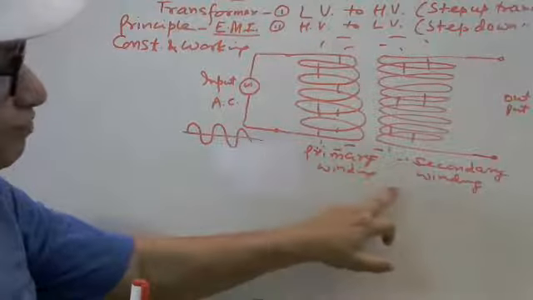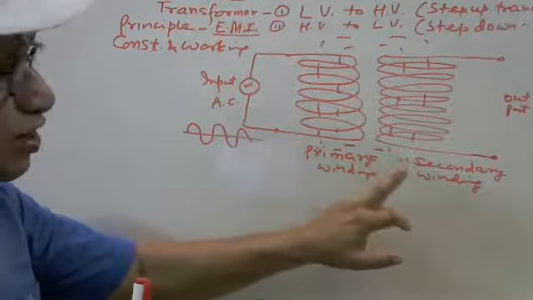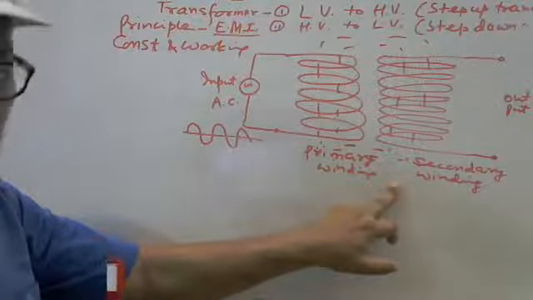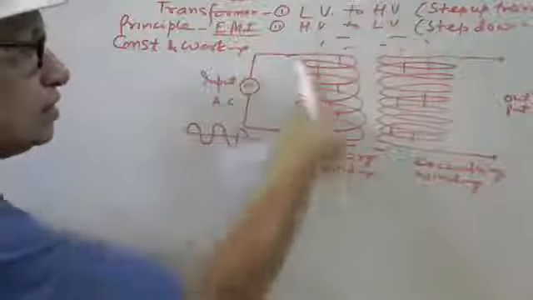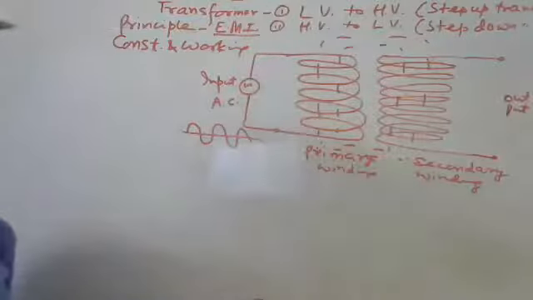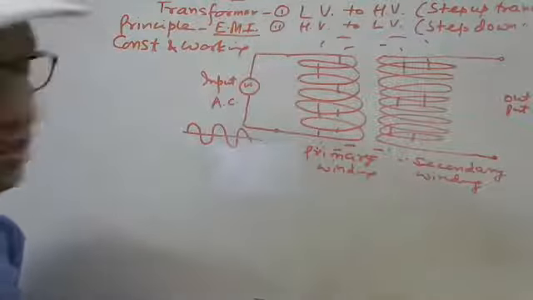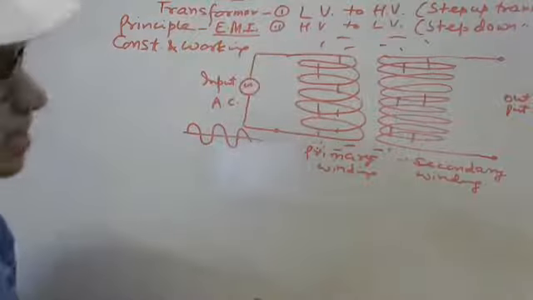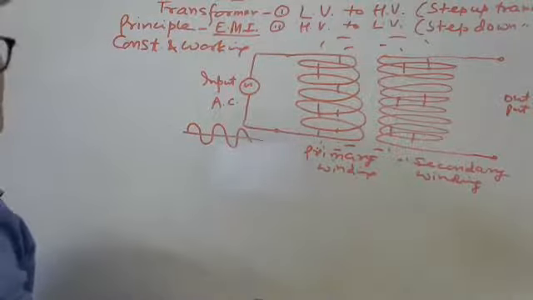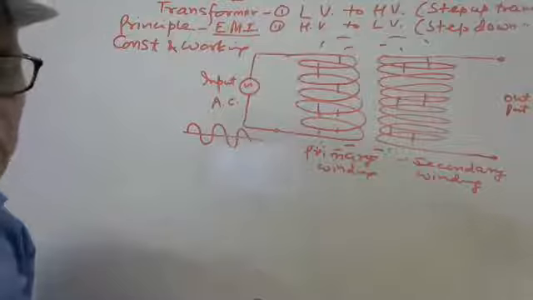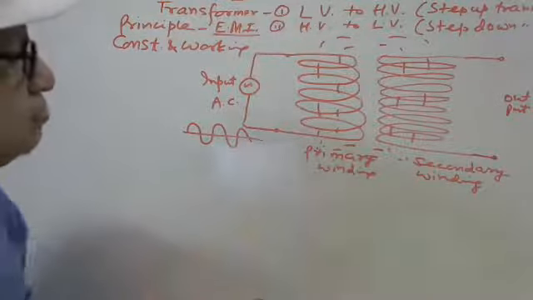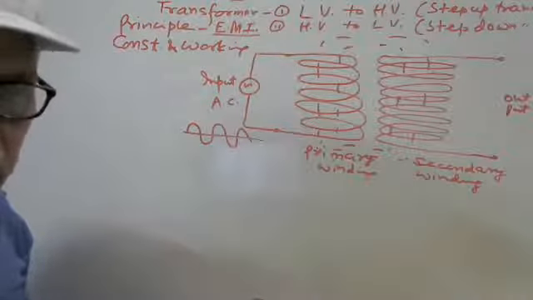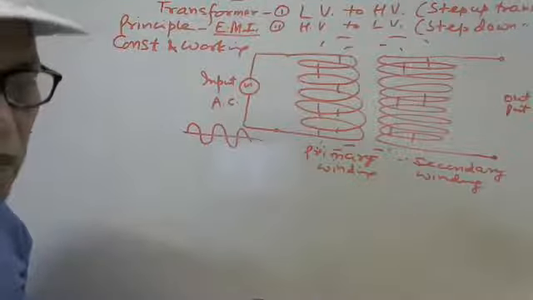Here, very few lines of force are linking, because some are moving like this, which is not linking with the secondary winding. So there is a great loss. It means we have to use such a device so that most of the lines of force are linking, and we know this is soft iron, a magnetic material with very high permeability.